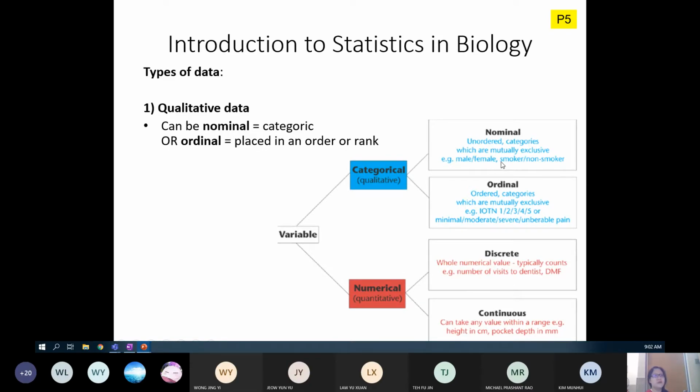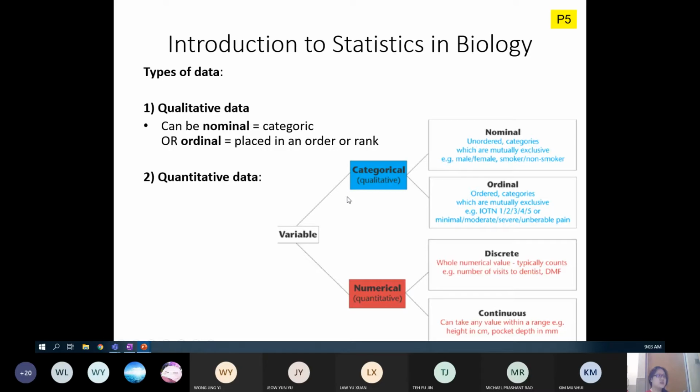For example, male, female, smoker, non-smoker, these are categories. Or it could be ordinal. These are also categories, but instead of male, female, maybe you have, rate this out of 5. So 1, 2, 3, 4, 5. This is not really quantitative per se, it's ordinal. We consider it qualitative in bio, okay?